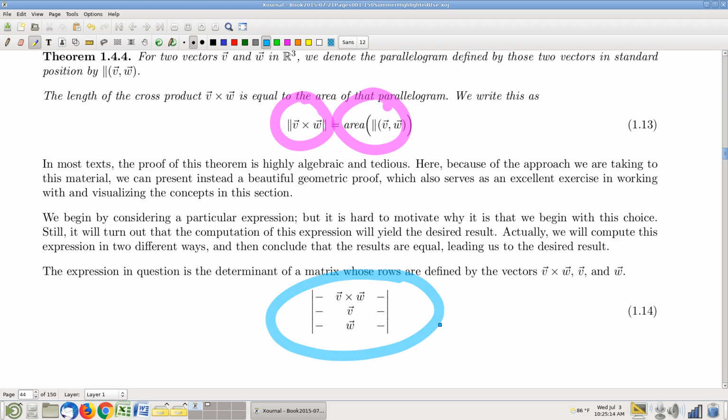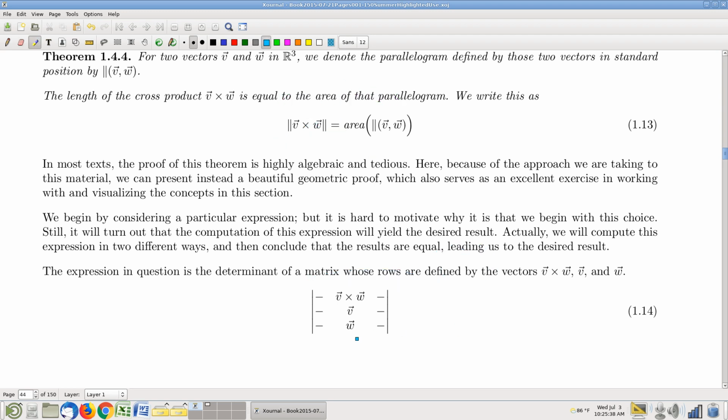We're going to look at the determinant of the matrix that you get by listing V cross W, then V, then W. Just bear with me. Okay. And it's going to turn out that by contemplating this indirectly, we'll be able to prove this. So we're going to get over there by starting going in that way, and that's the term bank shot. Okay. All right. So let's think about this determinant.